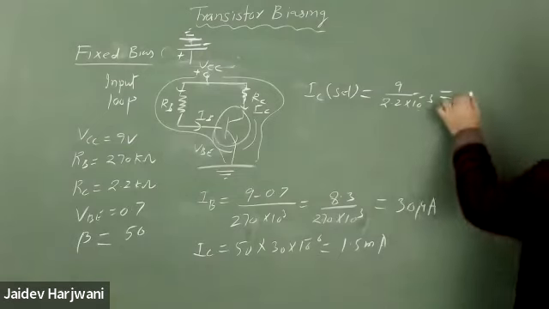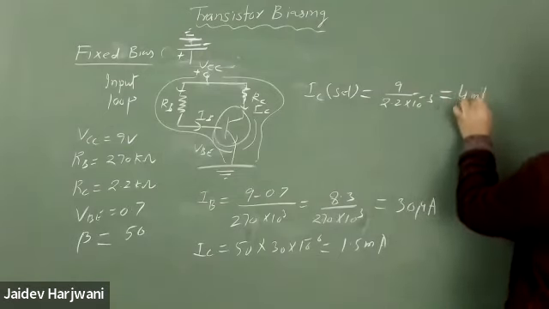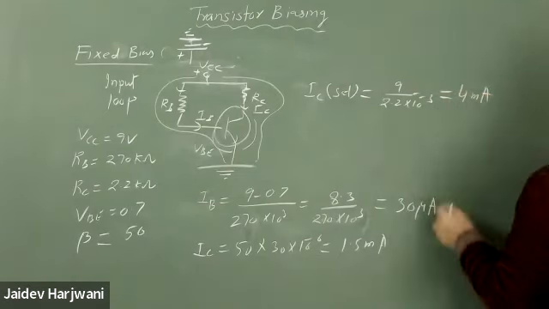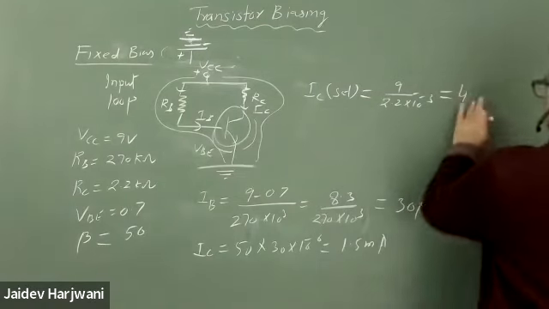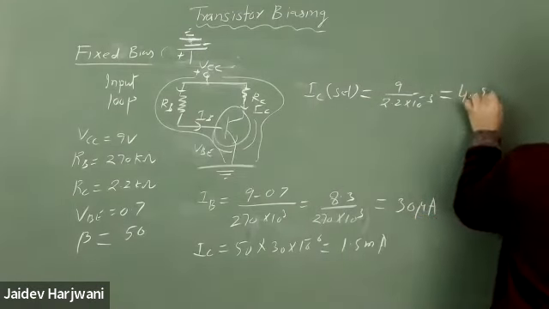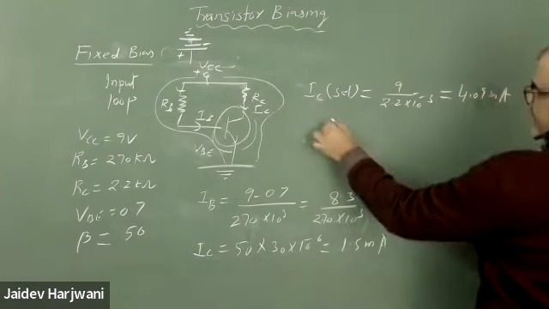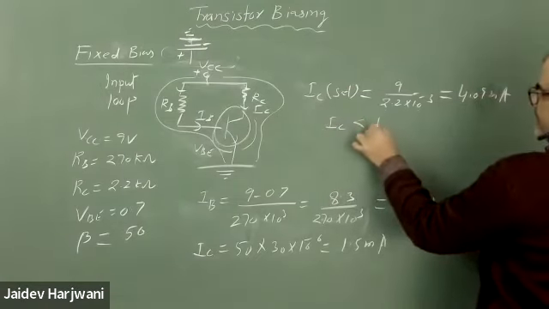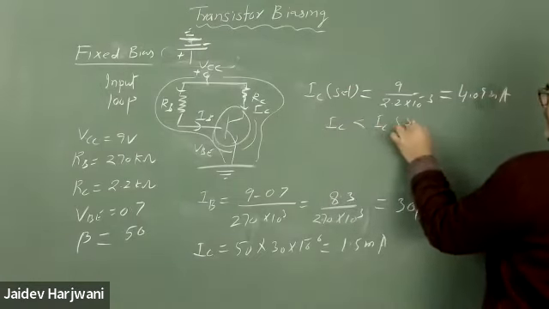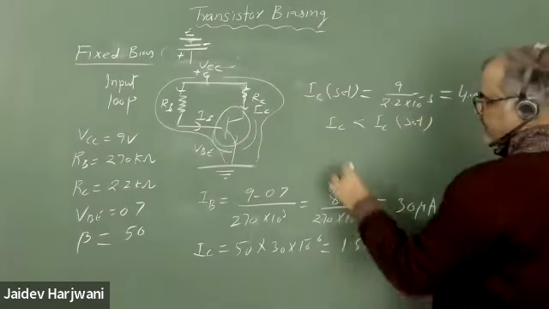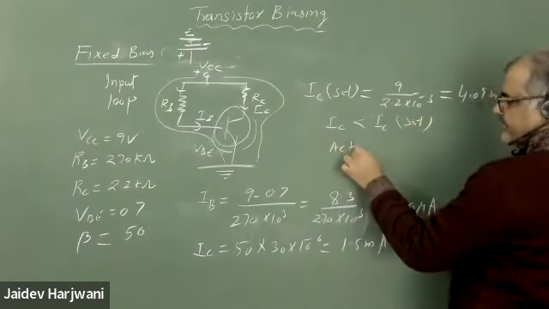It should come around 4 milliampere, 4.09 milliampere. So your IC is less than IC saturation, so obviously the operation region is active.